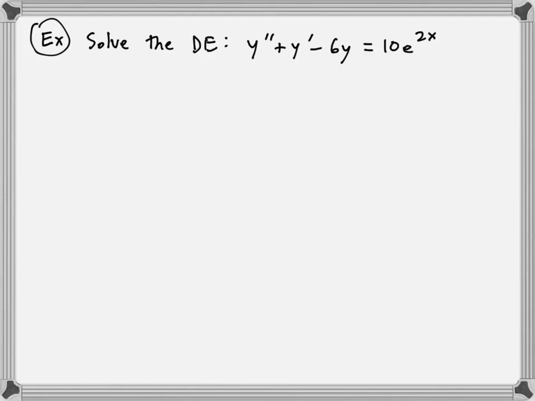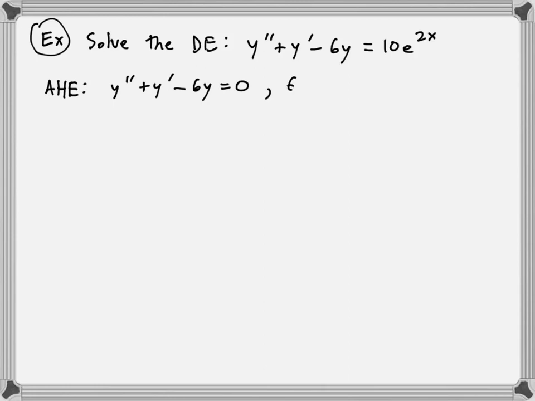Okay. So we notice this is not homogeneous, right? If it was homogeneous, you'd have a 0 on the right. Okay, so this is how we know we're going to have to use this method. But the first thing we do is always begin by writing down the associated homogeneous equation. Okay, so what is the associated homogeneous equation? The associated homogeneous equation would be y double prime plus y prime minus 6y is equal to 0.